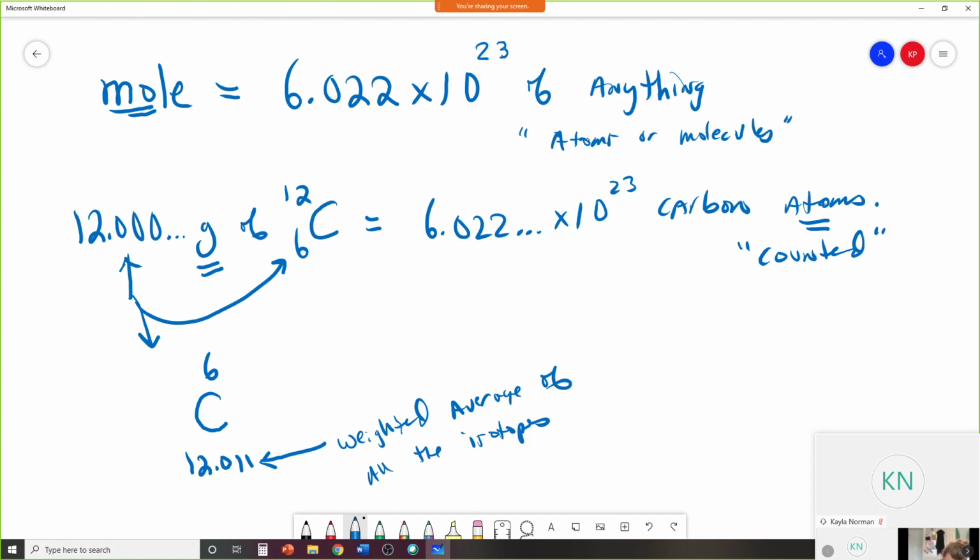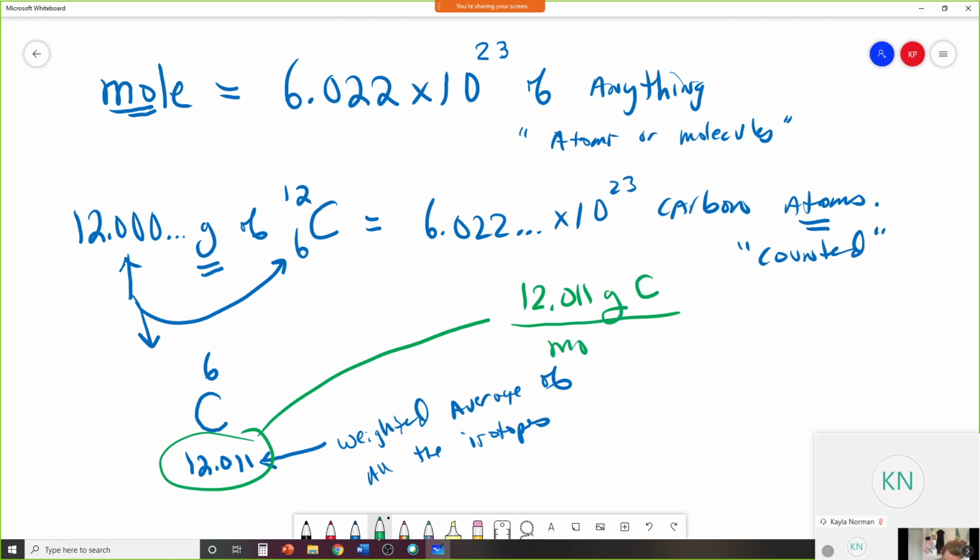But because we defined the mole in terms of carbon 12, this now becomes 12.01 grams carbon for every mole carbon, because of the way we define the mole as being 6.022 times 10 to the 23rd, and we said 12.00 grams of carbon 12 is equal to that same quantity.